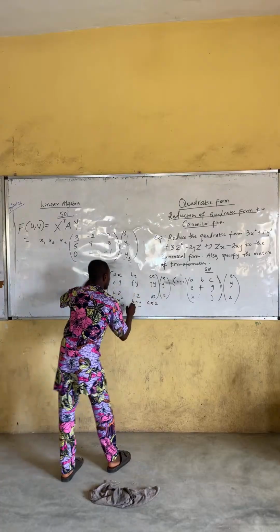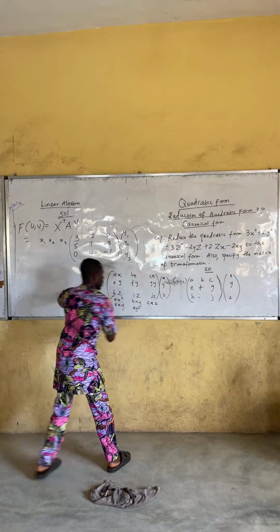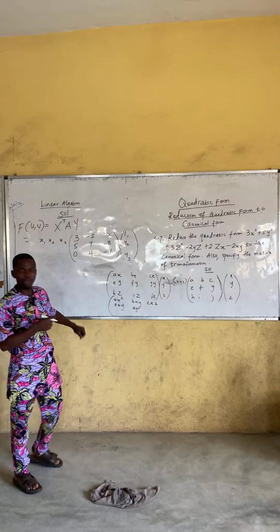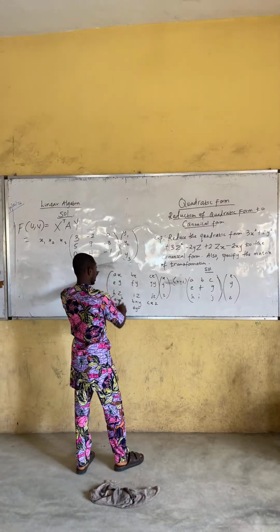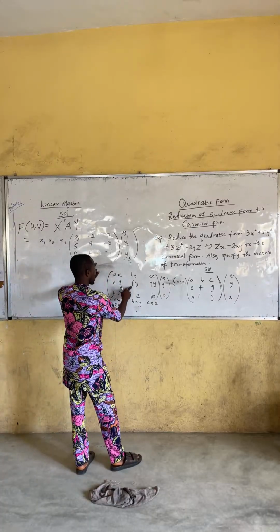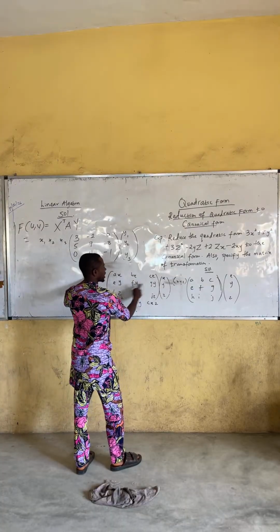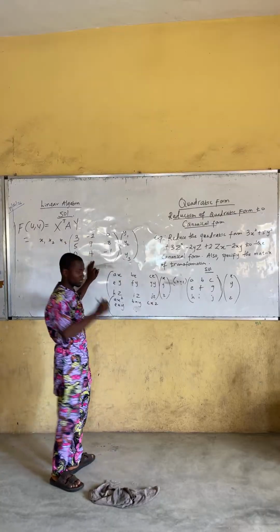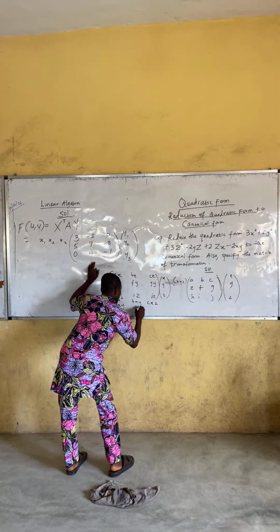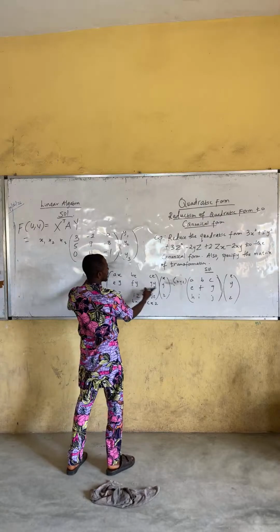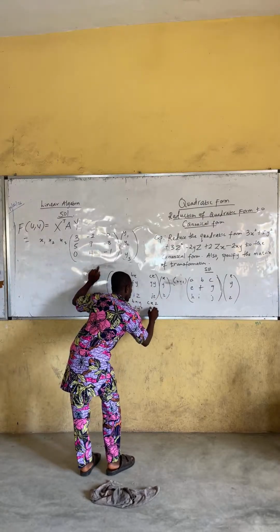EY times y, that's EY squared. Sorry, FY times y, FY squared. Then GY times z is GYZ.